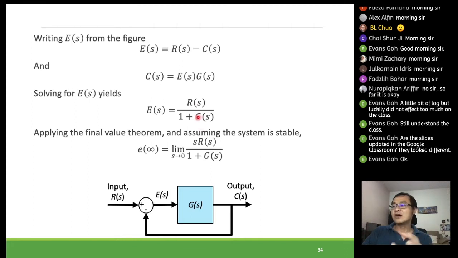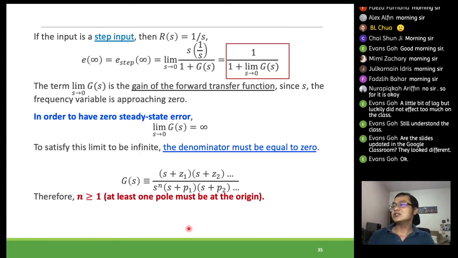And because of this change, we again use the final value theorem, which is taking the limit as s approaches 0 of s multiplied by E(s). We substitute, and this is our final value theorem for this so-called closed loop unity feedback system. So that is the slight change between them.